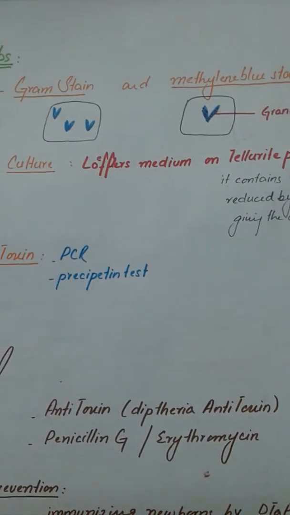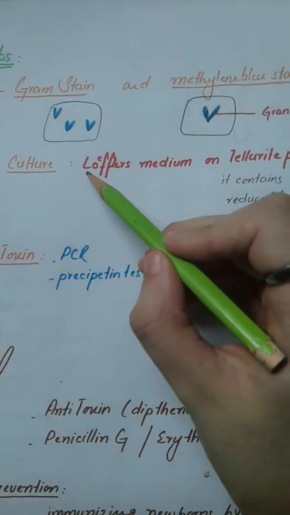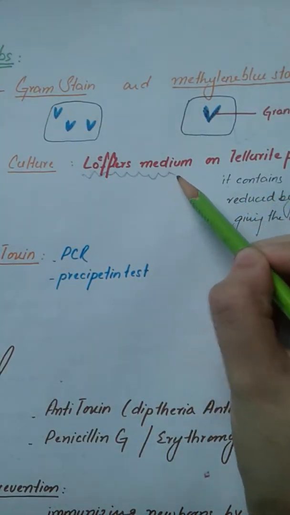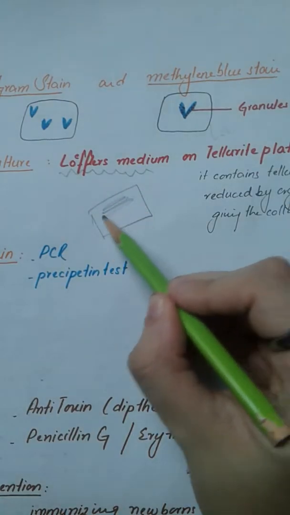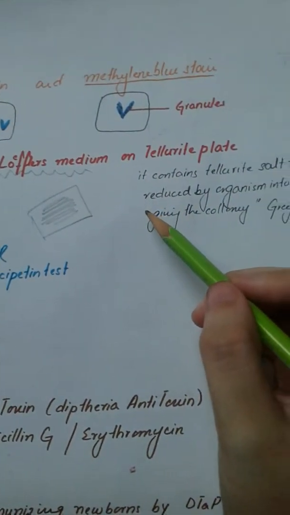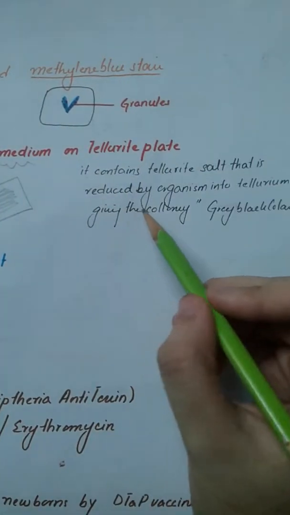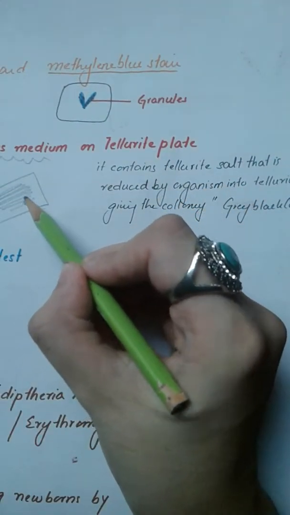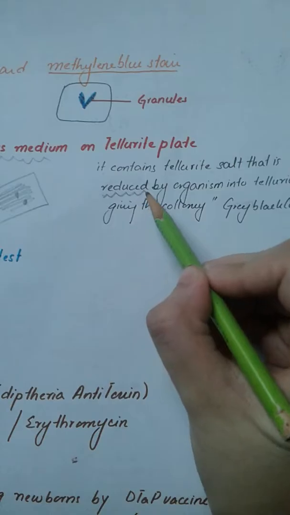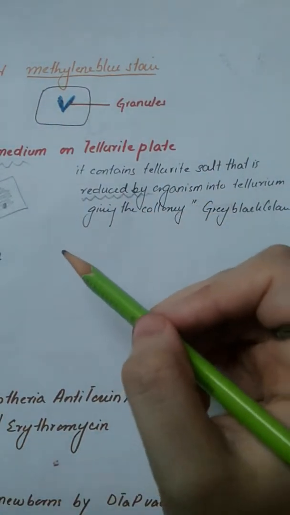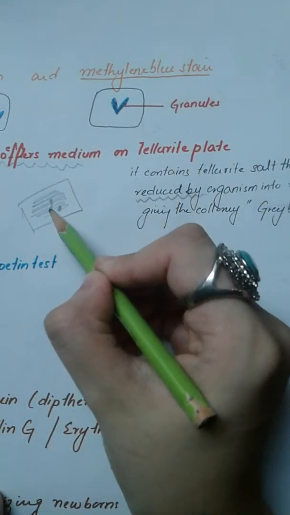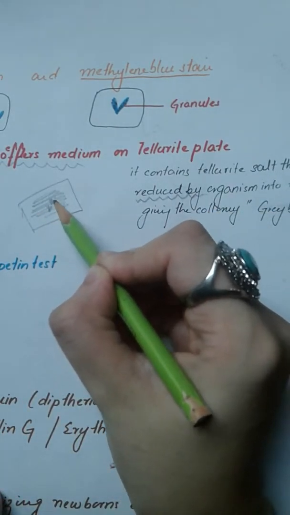This organism especially grows in a specific medium known as Loeffler's medium, and a tellurite plate. The tellurite plate contains tellurite salt, which this organism reduces. Since the organism reduces it, the colonies take up tellurite and become blackish.